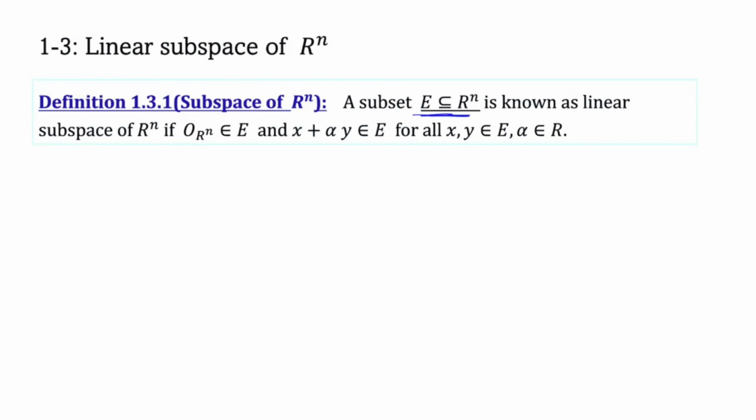A subset E of Rn is known as a linear subspace of Rn if the zero of Rn belongs to E and x plus alpha y, the linear combination of two vectors x and y in E, also belongs to E.